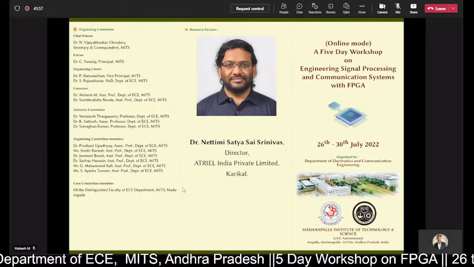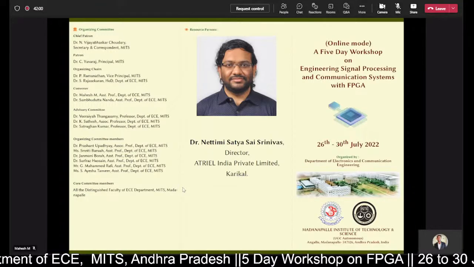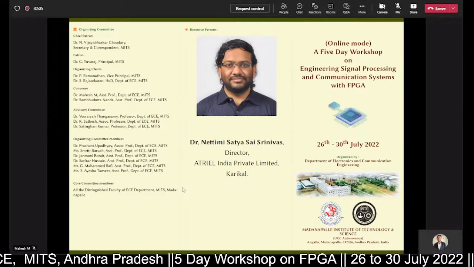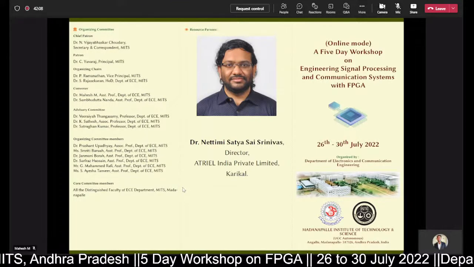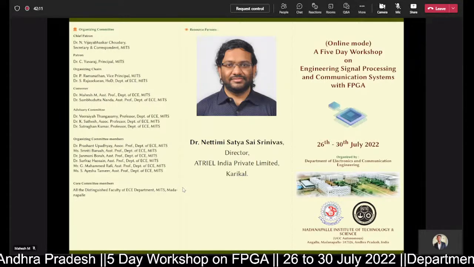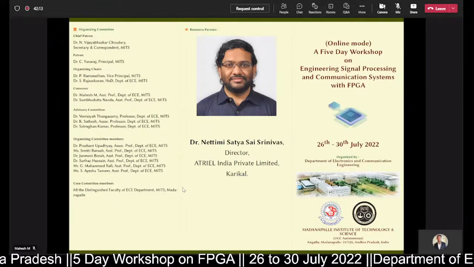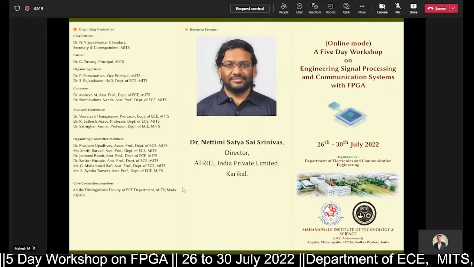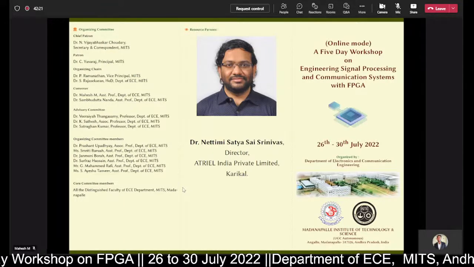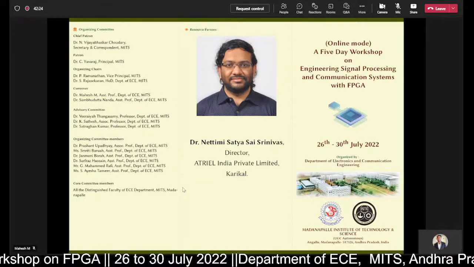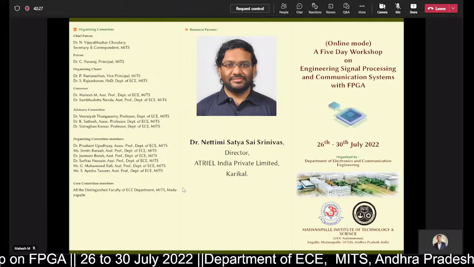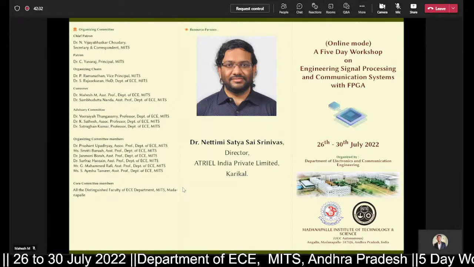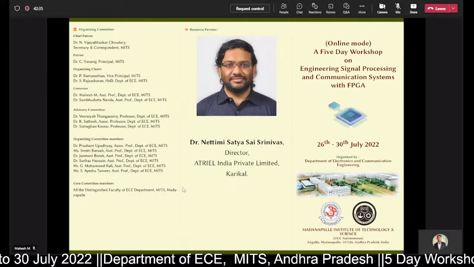If you remember, yesterday we had a brief discussion about FSMs, in particular the algorithmic state machine with data path, that is ASMD. Yesterday I mentioned that today we will see the implementation of an FSM kind of architecture in FPGA. So now I will take one interesting signal processing problem, and we will see how to design an architecture to address it. Let's begin without wasting any further time.